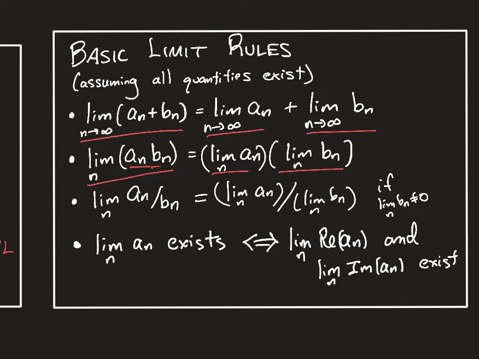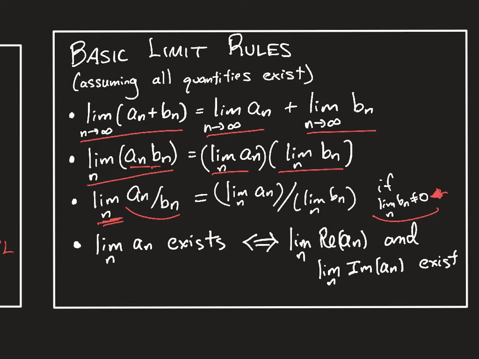You can take the limit of a quotient as the quotient of the limits as long as the bottom limit is non-zero. And here you'd have a little trouble if you had a bunch of b_n's that were zero, but as long as the limit of the b_n's is non-zero, eventually all of the b_n's will be non-zero and you can make sense of this.